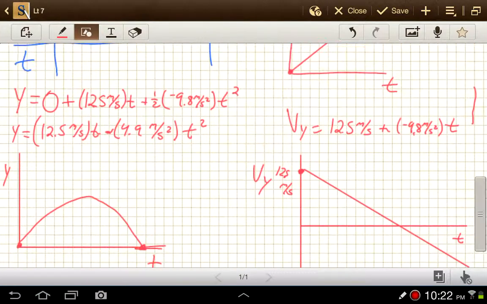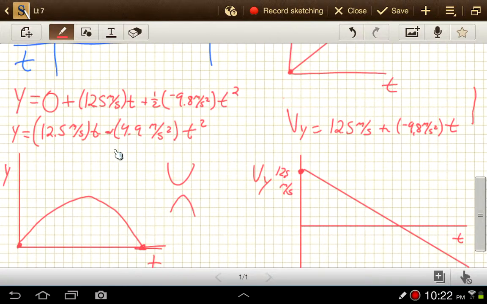The position in the y direction is a parabola. We can tell whether it's concave up or down by looking at the coefficient on the t squared term. Positive coefficients give us concave up. That's one that looks like this. Negative coefficients give us concave down. That looks like this. So this one is a negative 4.9, so we get a concave down one.